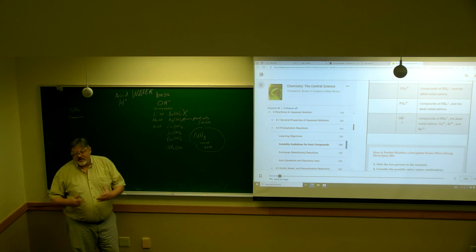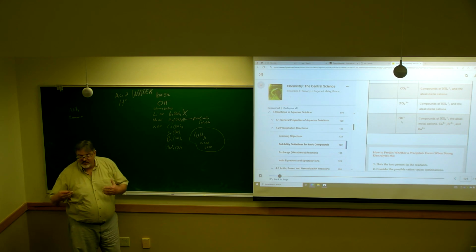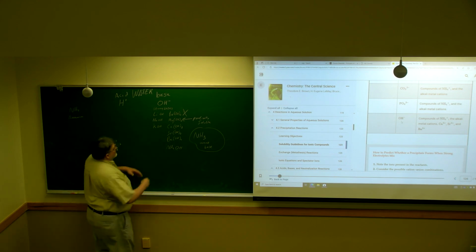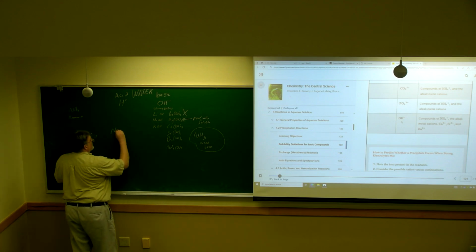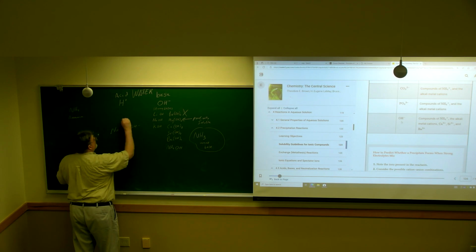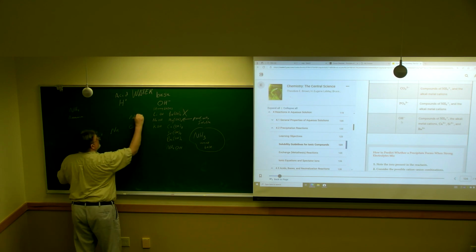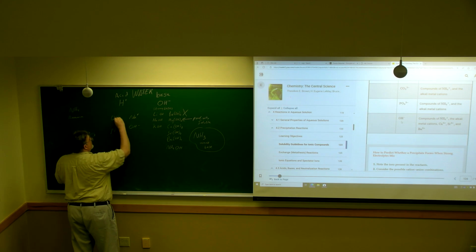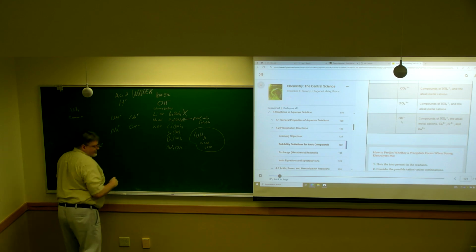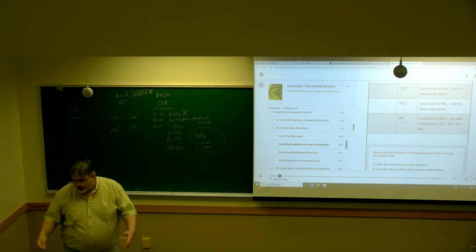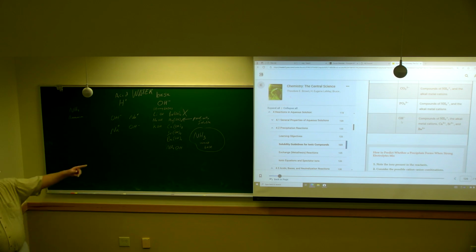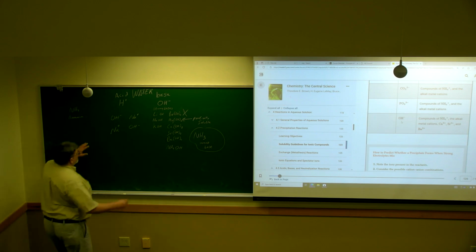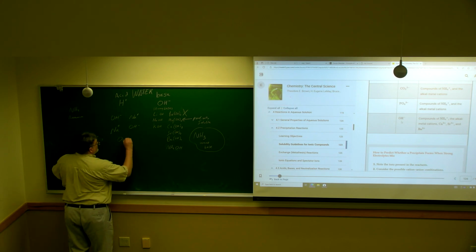That solution is now basic, or we might just say the solution is a base. But using NaOH as an example, just like I was talking about with the precipitation reactions, the ionic compounds that you would put in something and it would dissolve, you really just have a bunch of this.